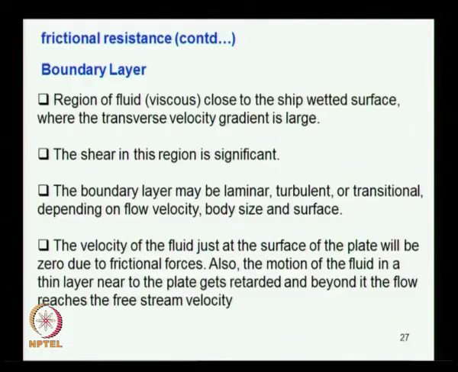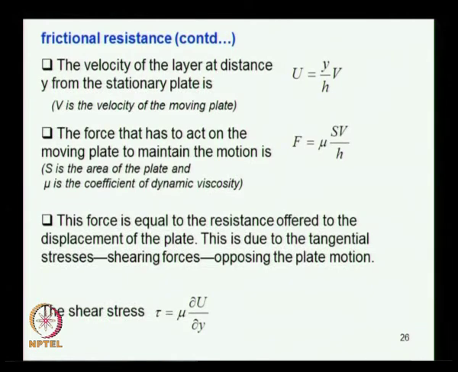So in that region there is a velocity gradient, and when there is a velocity gradient, there will be a shear stress, that is this quantity inside the boundary layer. So that means there will be a shear stress inside that boundary layer.